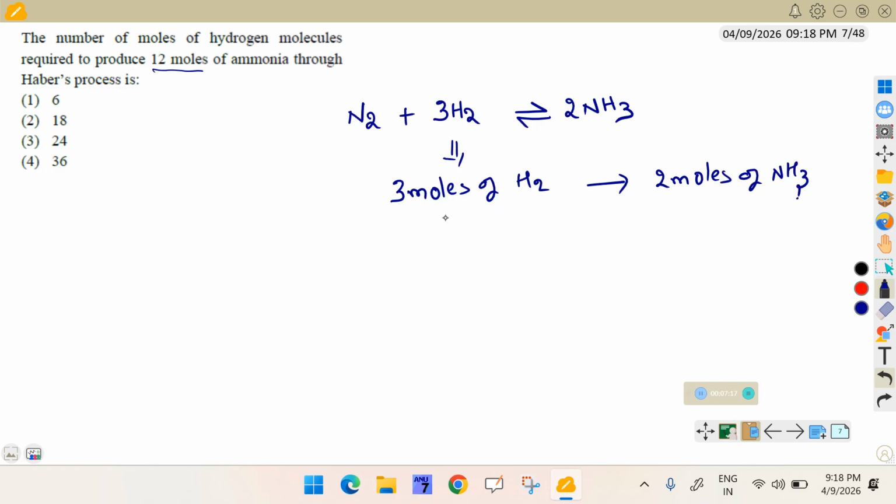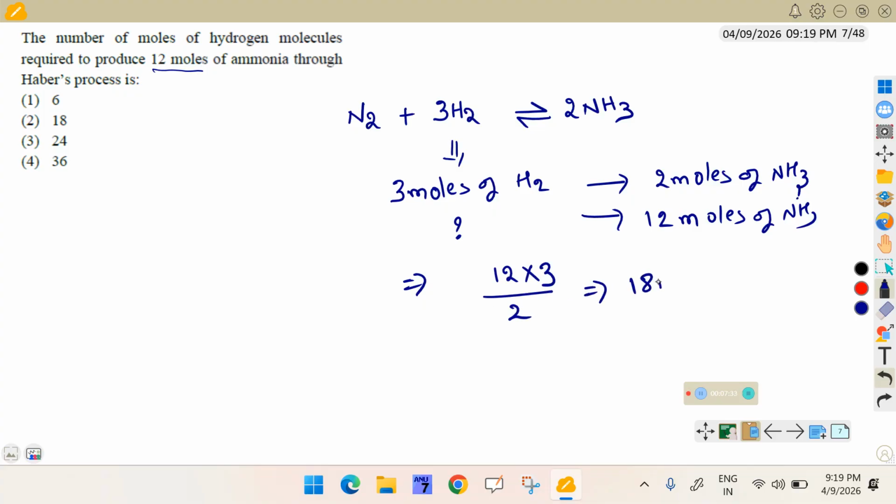Then for 12 moles of ammonia, how many moles of H2 are required? Cross multiply: 12 into 3 by 2, 18 moles of hydrogen is required.